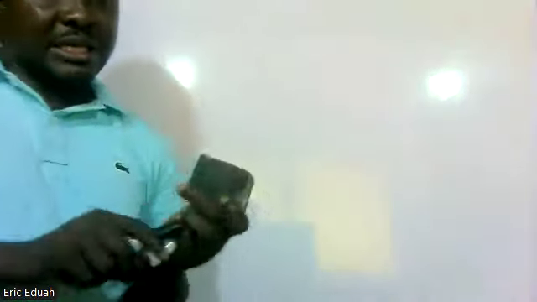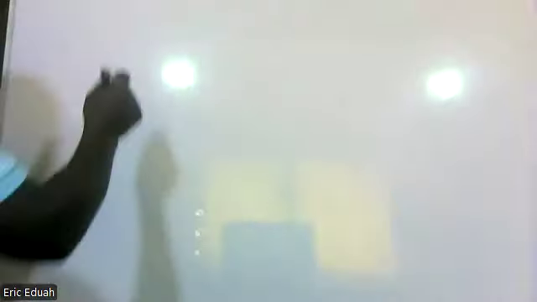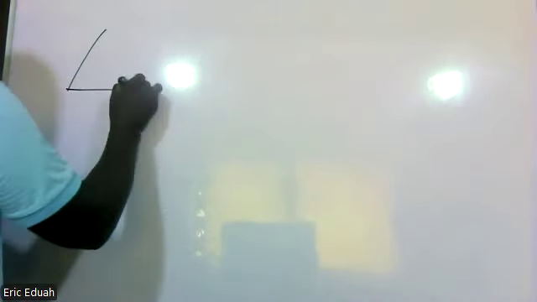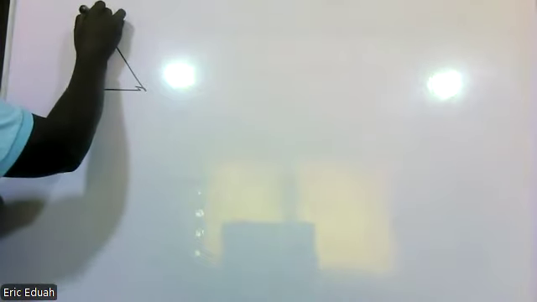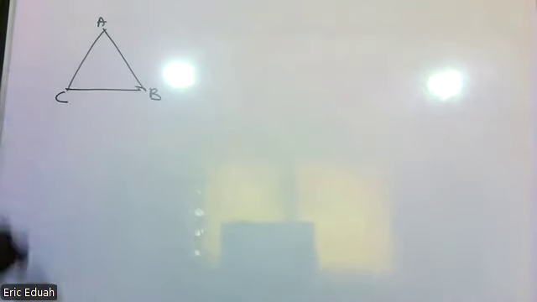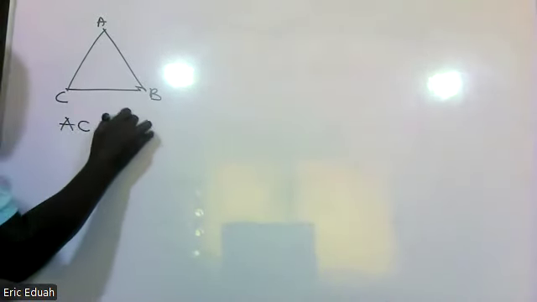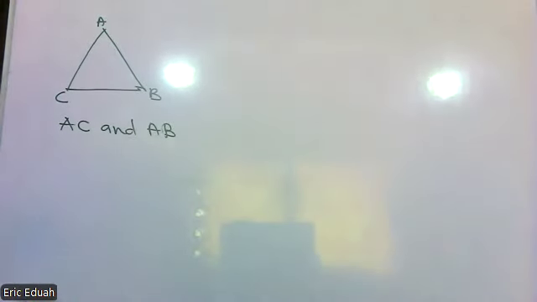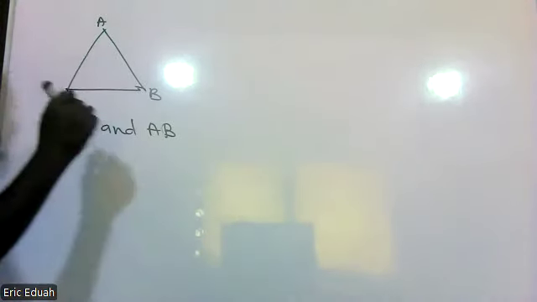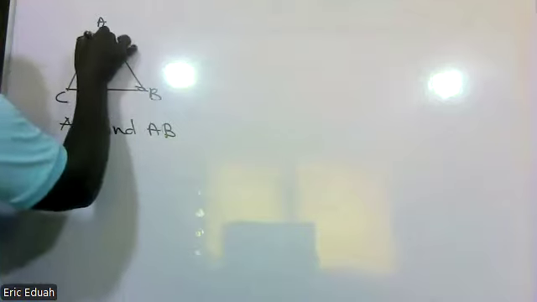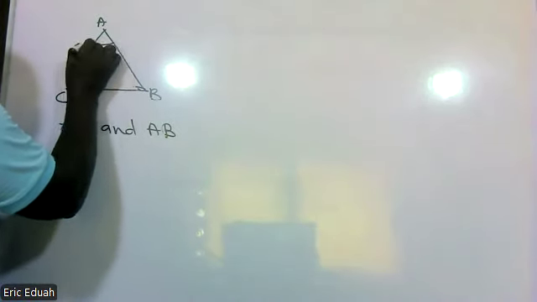Its key features are that it has two refracting planes. A, B, C. So the two refracting planes are AC and AB. And then it also has a peculiar angle of the prism, or refracting angle.